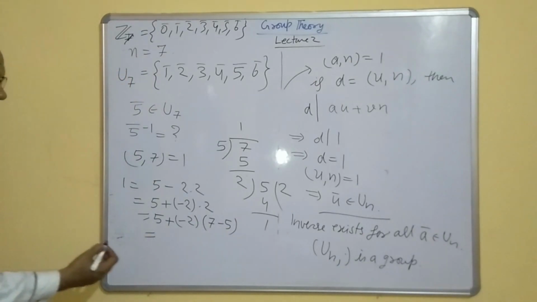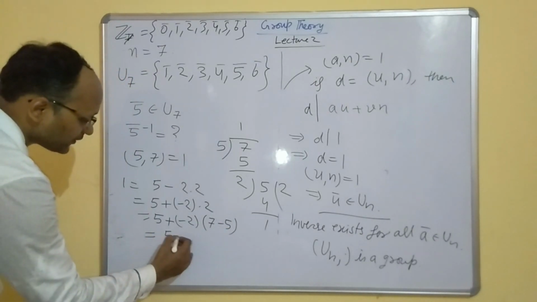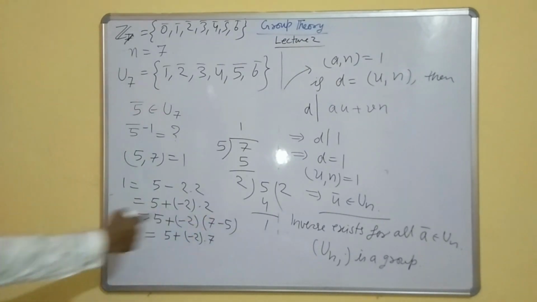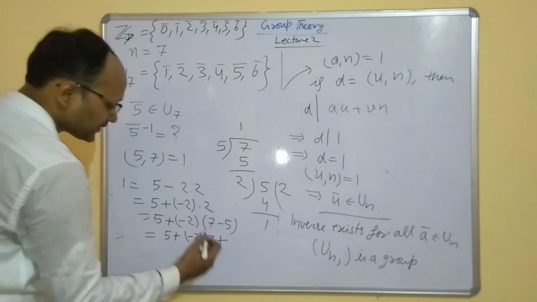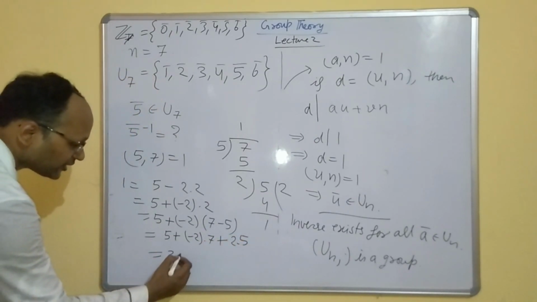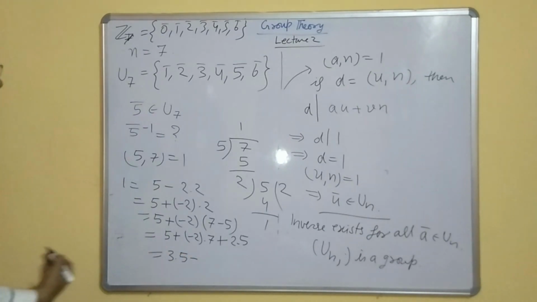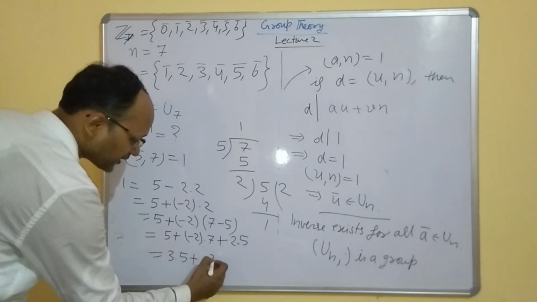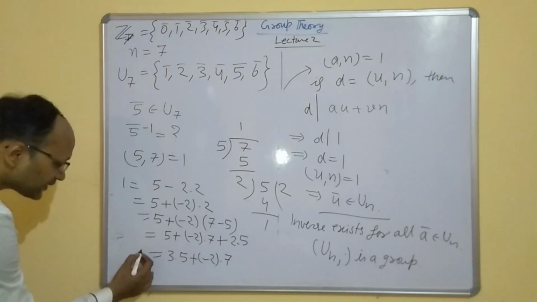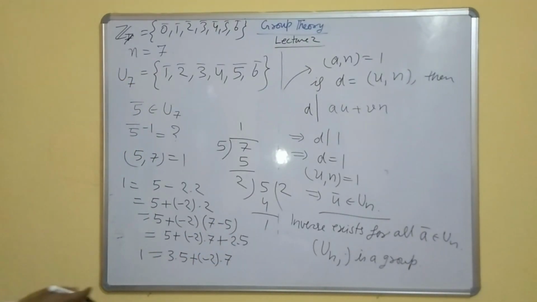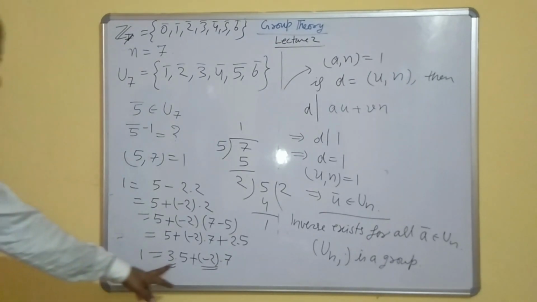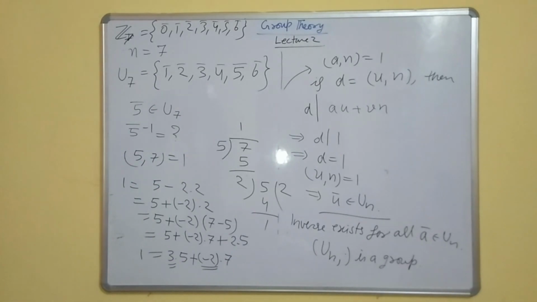So we can write it as 5 plus minus 2 into 7 minus 5, and this minus and minus will become plus 2 into 5, so we can write it as 3 into 5 plus minus 2 into 7. So this is our 1. So it means we get two integers 3 and minus 2 such that 3 times 5 plus minus 2 times 7 is 1.